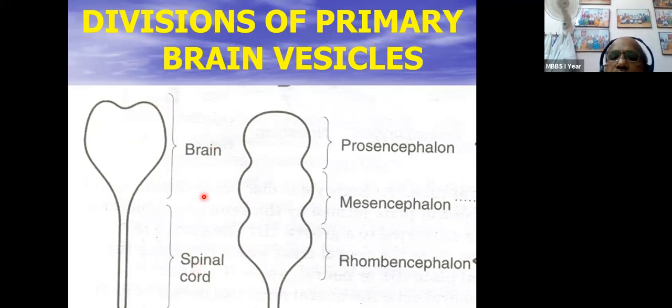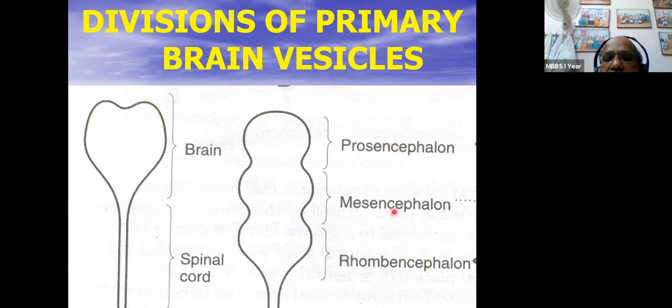Now what happens to that cranial end of the neural tube? It gets converted into brain vesicles with three different parts. The cranial part is called prosencephalon, the middle part is called mesencephalon, and the caudal part is called rhombencephalon.